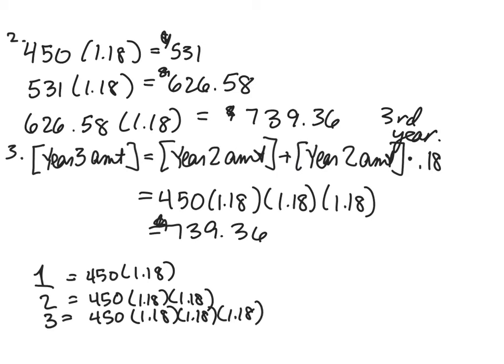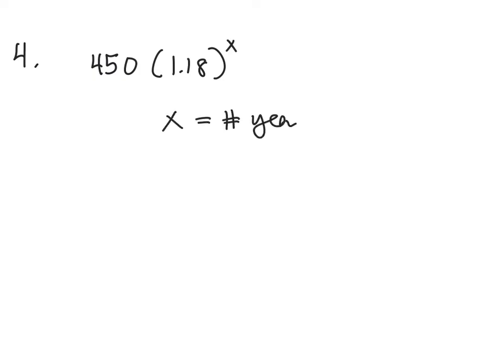We get the same answer, right? So that means the expression we can use for this is 450 times 1.18 raised to the x, where x is the number of years. My dog is snoring so loud. Cool. All right, let's move on.